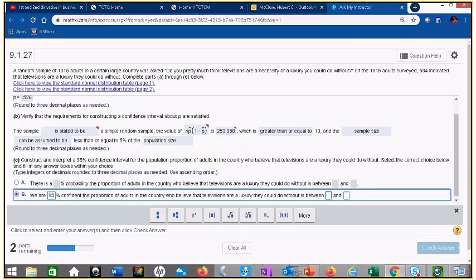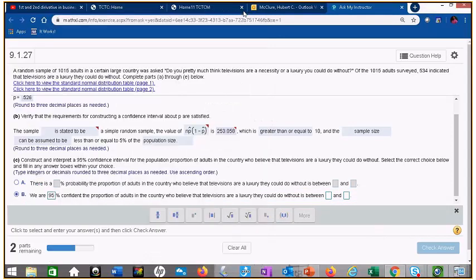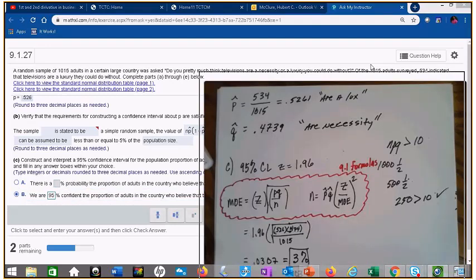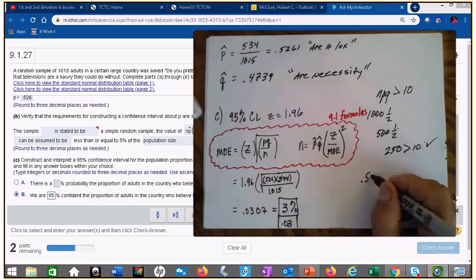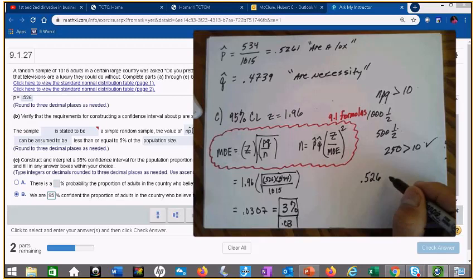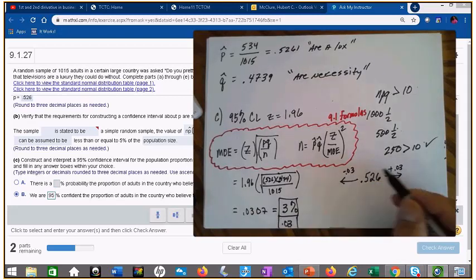So let's go back to our handy dandy. To get the confidence interval, we've got to do a little figuring. Now we know p hat is what? 0.526. So it goes in the middle. And then on this side we have to add 0.03, and on this side we have to subtract 0.03.